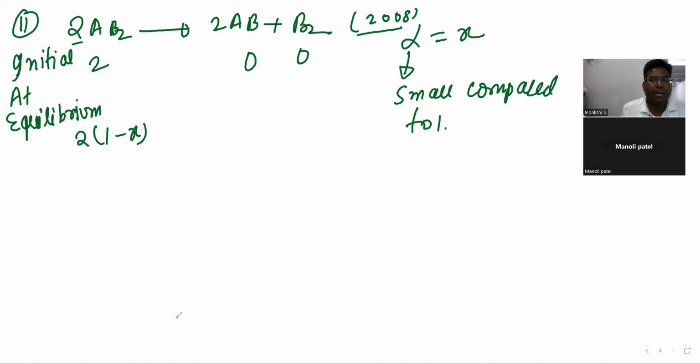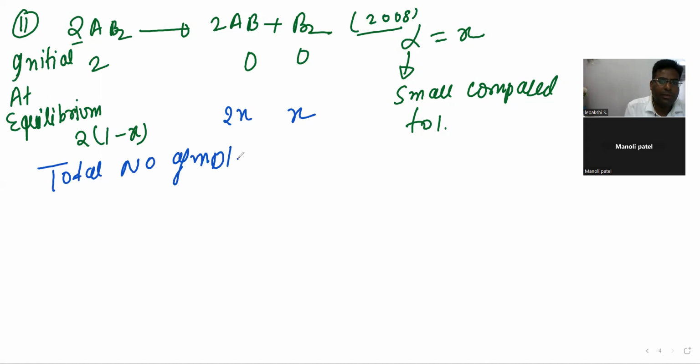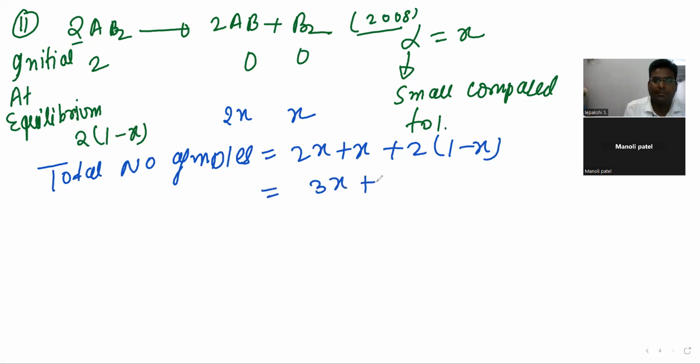We are not using alpha here, because instead of alpha we use x. Then the products are 2x and x. So total number of moles will be 2x plus x plus 2 into 1 minus x, which is 3x plus 2 minus 2x, so it will be x plus 2.